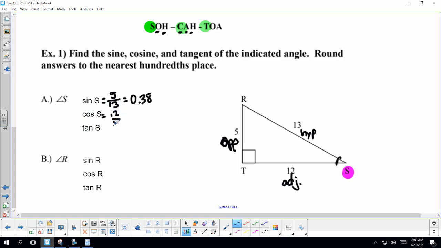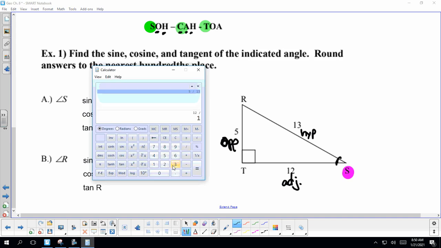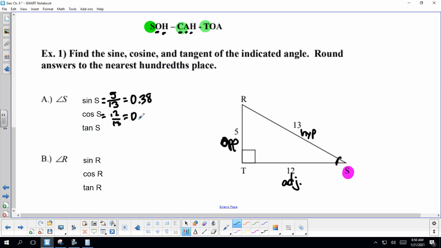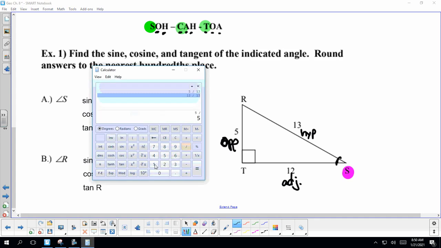Hypotenuse is 13. 12 divided by 13 is 0.92. And then tangent is opposite over adjacent. Opposite is 5. Adjacent is 12. And then we do 5 divided by 12, which is 0.42.